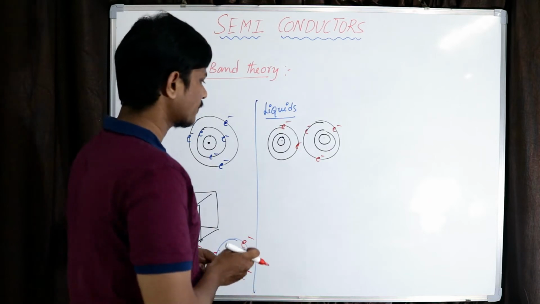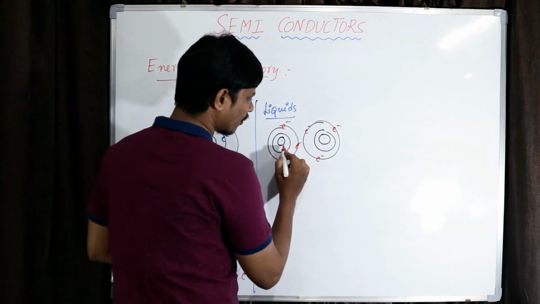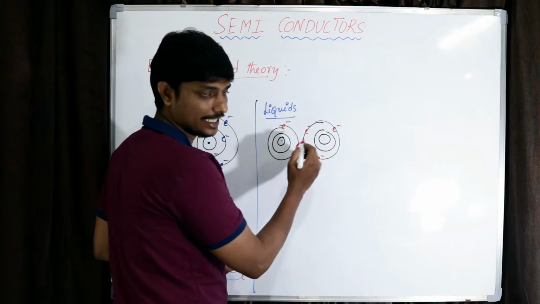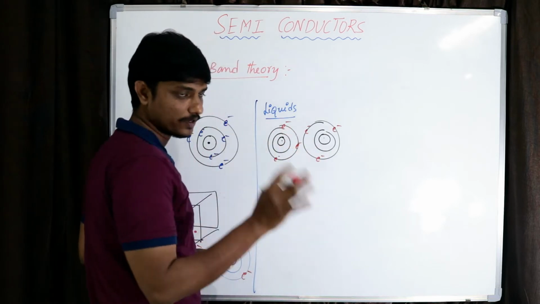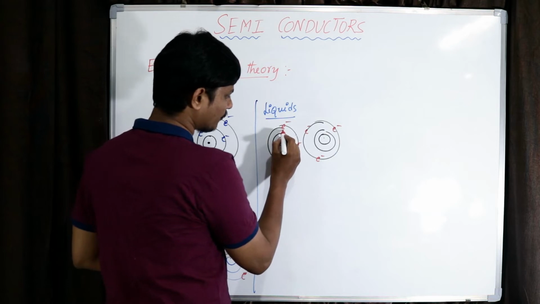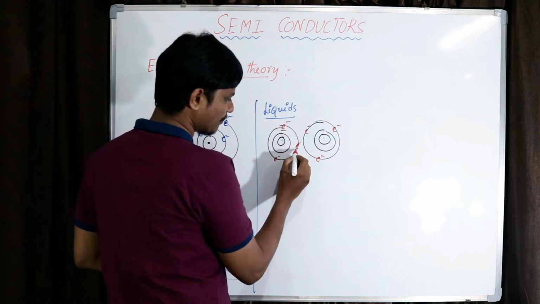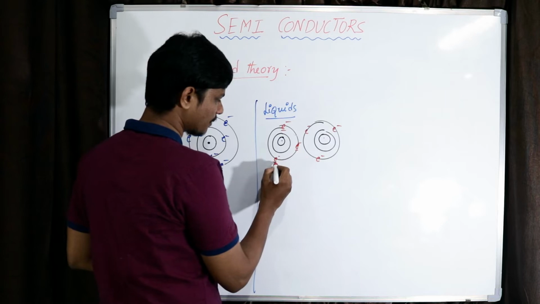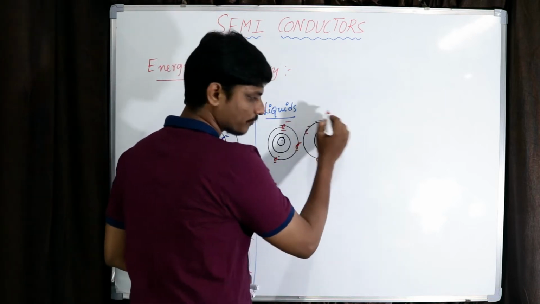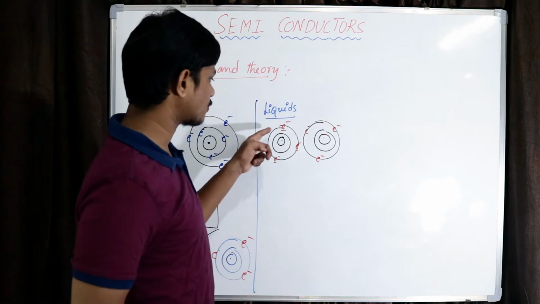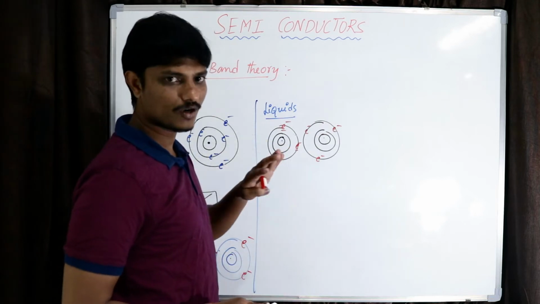So there is no contact between the 2 atoms, therefore the energy possessed by all electrons in the valence shell is fixed. That means whatever amount of energy this electron possesses, the same amount of energy this electron possesses, and even this electron also possesses the same amount of energy. So the energies of all electrons in a fixed orbit are constant.